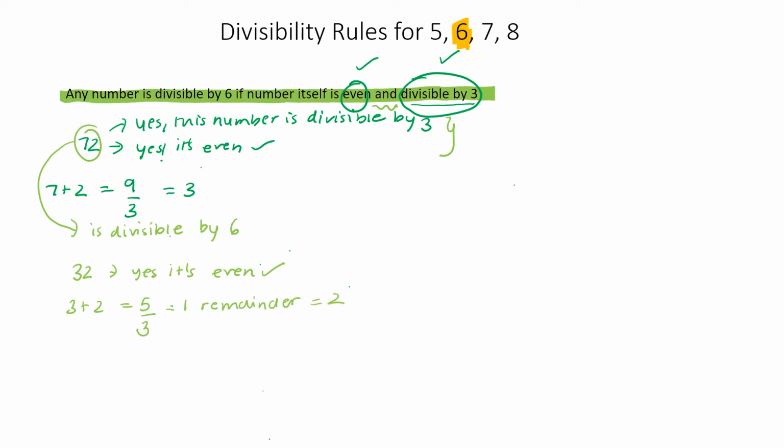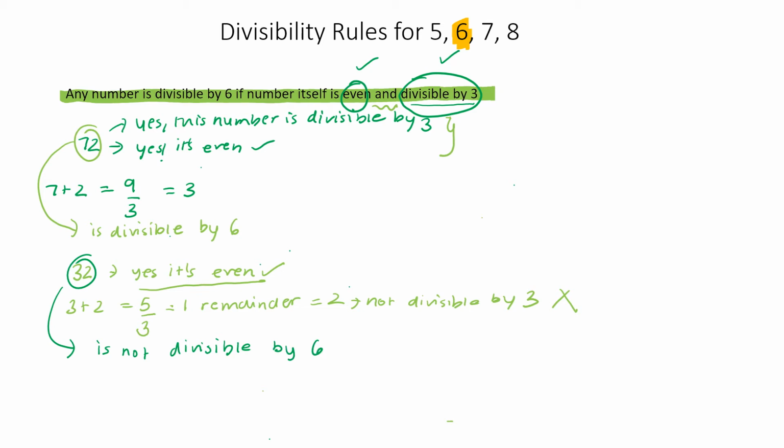So that shows us that this is not divisible by 3. And even though we have one part that is satisfied, the other part is not. And so we can conclude that 32 is not divisible by 6.